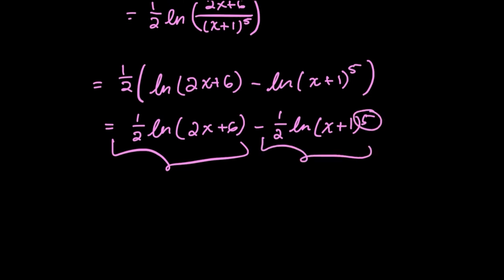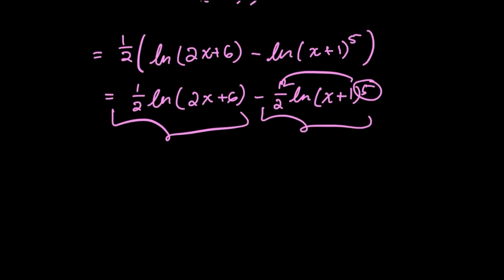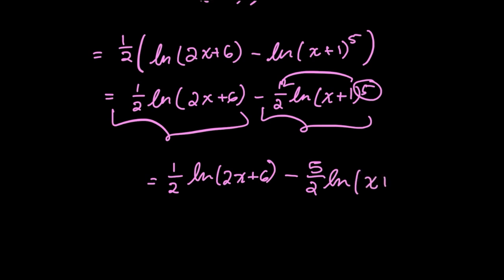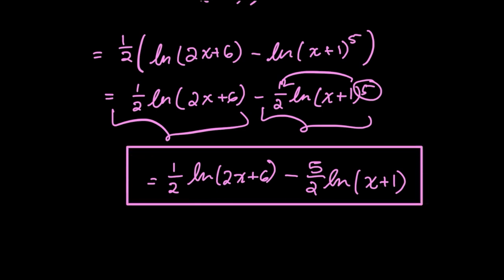I could move this power up front. So I have, keep the first term the same, 1/2 natural log of 2x plus 6 minus 5/2 natural log of x plus 1. And that's it.